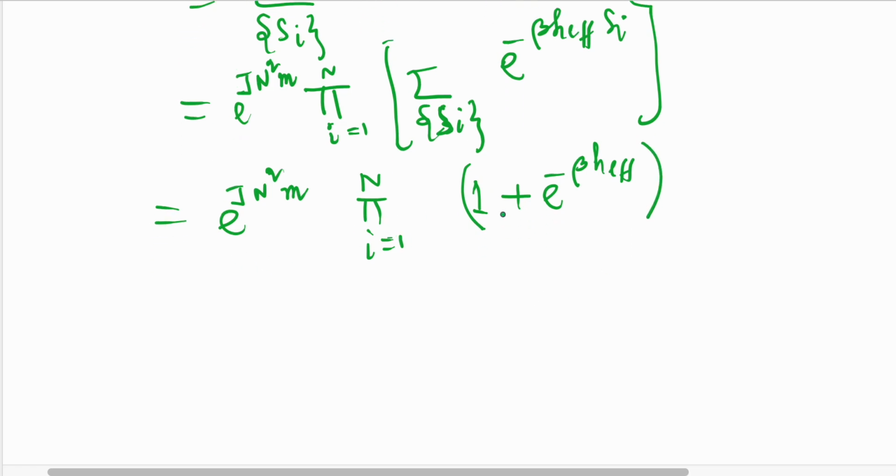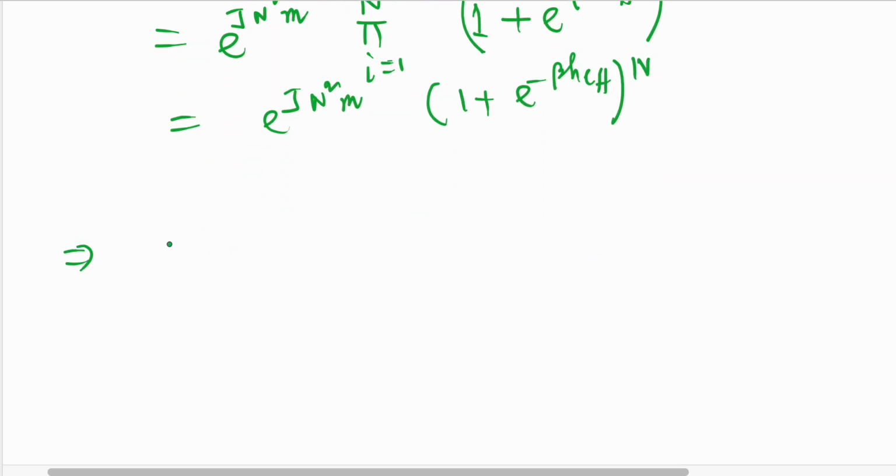And since this term no longer depends on which particle is on which side, it will become (1 plus e to the power minus beta h effective) to the power N.